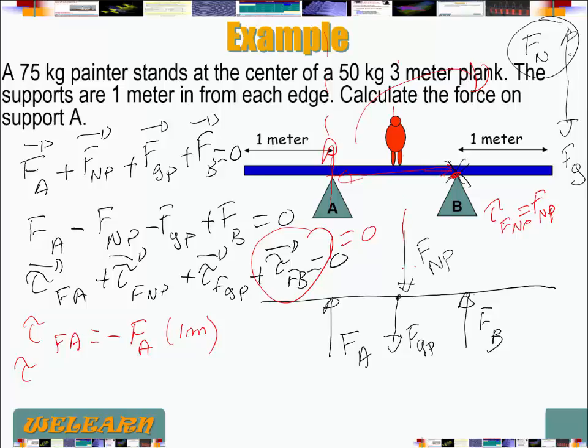Remember, the line of action here is this distance, which is half a meter. So times 0.5 meters. And the sign is positive since, relative to this pivot point, the fact that the force is pushing down this way tells us it's going to rotate the plank in the counterclockwise direction. So that's positive. Similarly, the torque due to FGP is going to be FGP times half a meter.